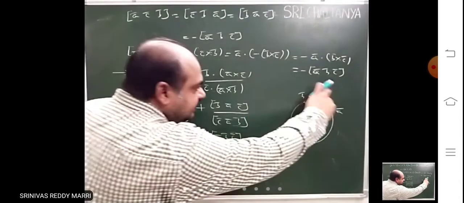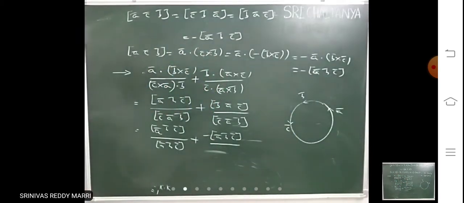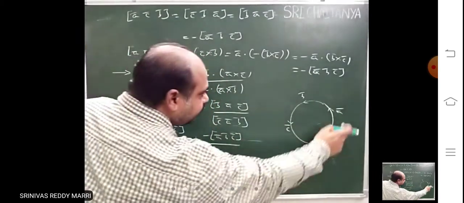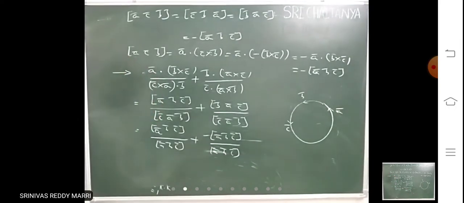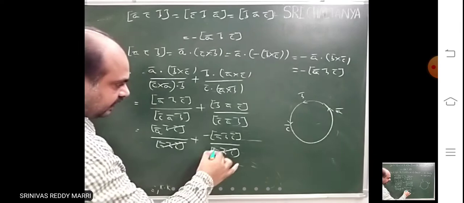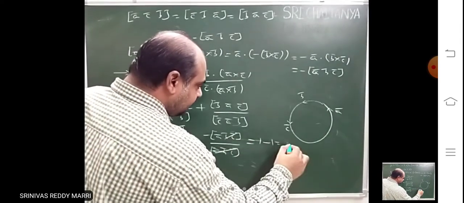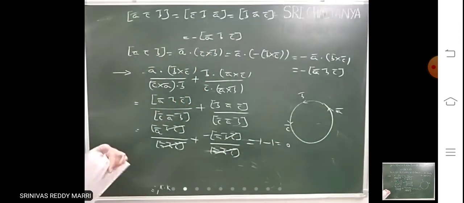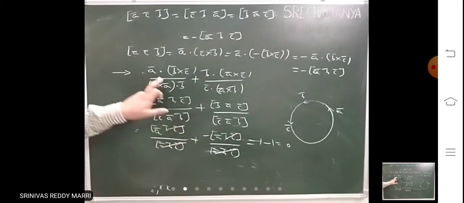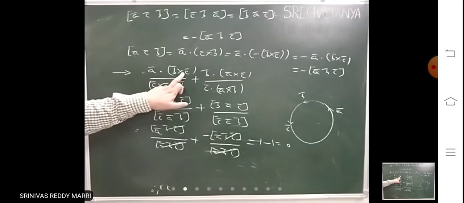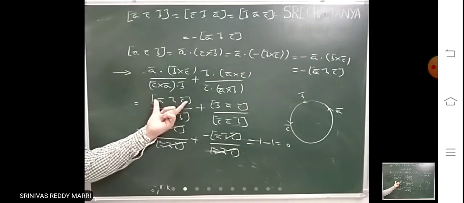Look at BAC in the clockwise direction. The box of CAB is nothing but the box of A bar, B bar, C bar. So 1 minus 1, that means this is 0. Whenever this is there, it is nothing but the box of A, B, C: first vector, second vector, third vector in the box.